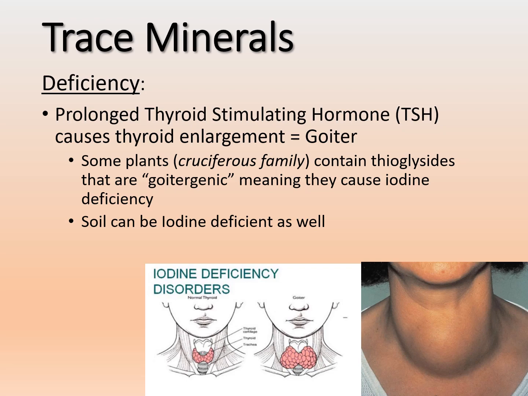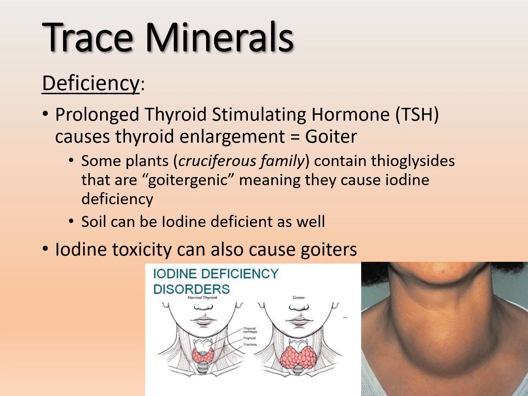There are some causes of this. There are some plants that contain these thioglycosides, they call them, and they're goitrogenic, meaning that they actually cause an iodine deficiency. And whether that's binding iodine or blocking the function of it, I'm not quite sure. But we do see this in some of our cruciferous plants. Soils can also be iodine deficient, so plants that are grown in iodine deficient soils.